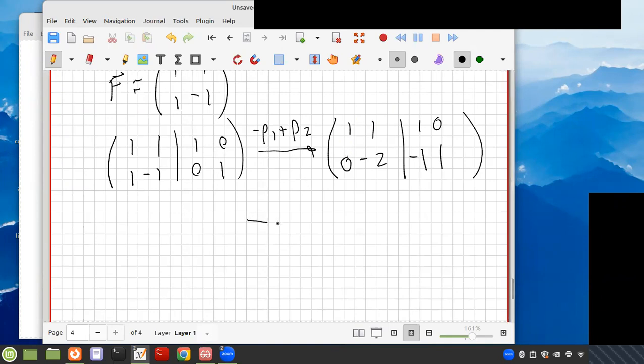And so what I'll first do is 1/2 row 2 plus row 1. That'll get rid of this 1 here. It's not going to change the second row. But so it's a 1/2 of 0 plus 1 is 1. 1/2 of minus 2 is minus 1, which will get rid of that one.